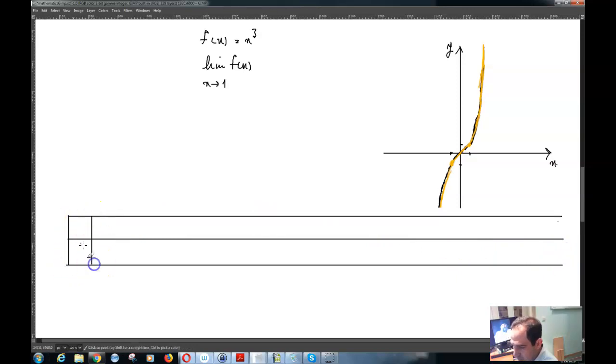So suppose that this is the x and this is f of x, and you want to get closer to x is equal to 1. So I put x is equal to 1 somewhere over here in the middle, and then I have to get closer to x is equal to 1 from the right and from the left.